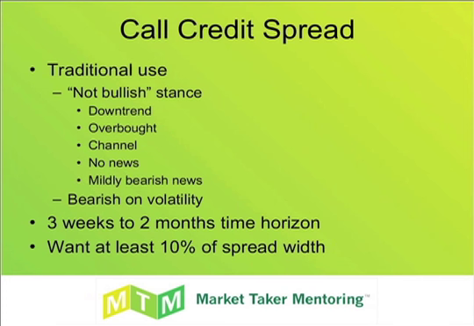Now, you can feel free to violate that 3 weeks rule. But the fact of the matter is, you'll probably have a hard time finding a good spread that has less than 3 weeks until expiration. If you can find one that looks good and the risk-reward makes sense to you, and it has less than 3 weeks until the options expire, knock yourself out.